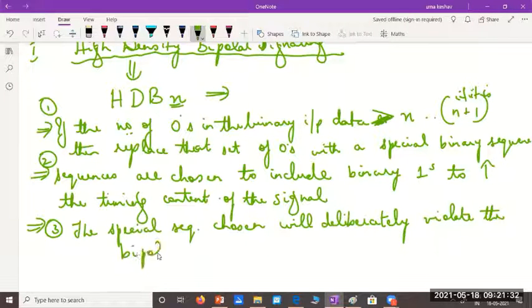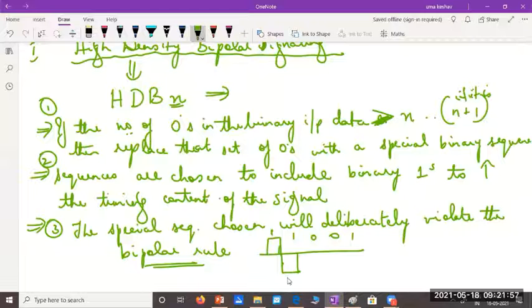What is the bipolar rule? If one bit is positive, the next one should be negative. When I consider the set of ones in the transmitted data, if the previous one was represented with a positive pulse, the next one will be represented with a negative pulse. And zeros are represented with 0.